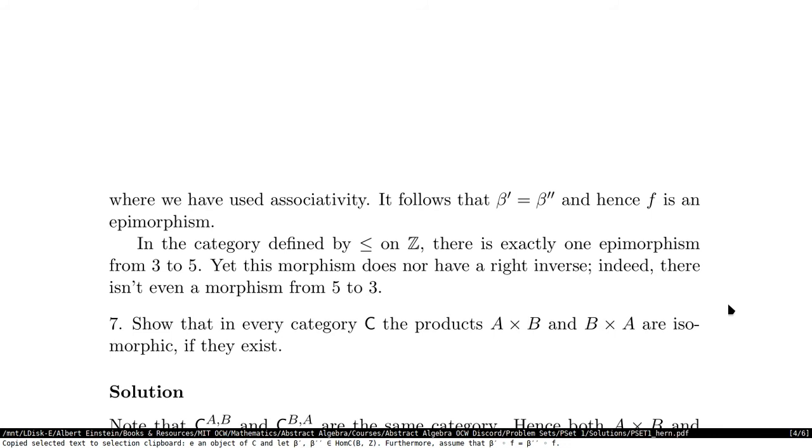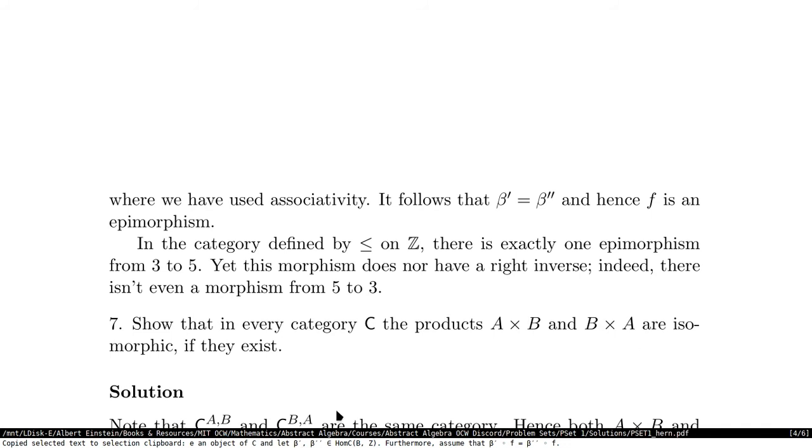And for the other part, you have to give an example of a category and an epimorphism which doesn't have a right inverse. So you have to give a counterexample, right? Okay, so the example that Hearn gives here is that you have the integers, and you have less than or equal to, which defines the category.